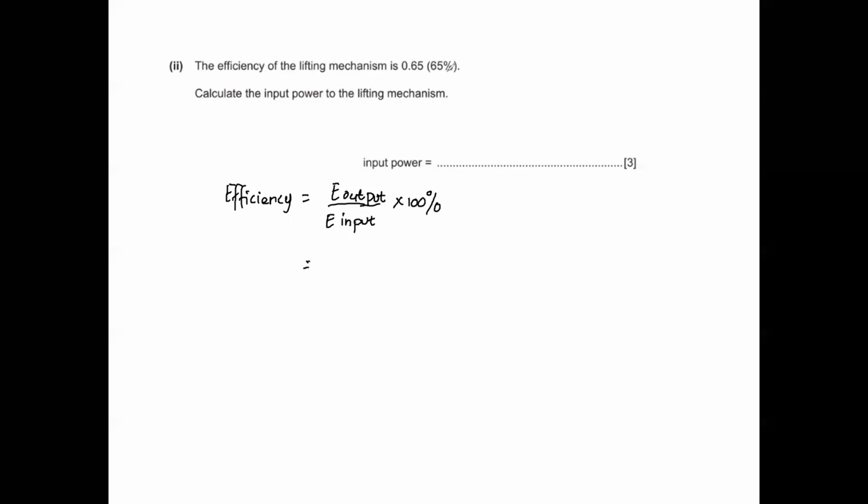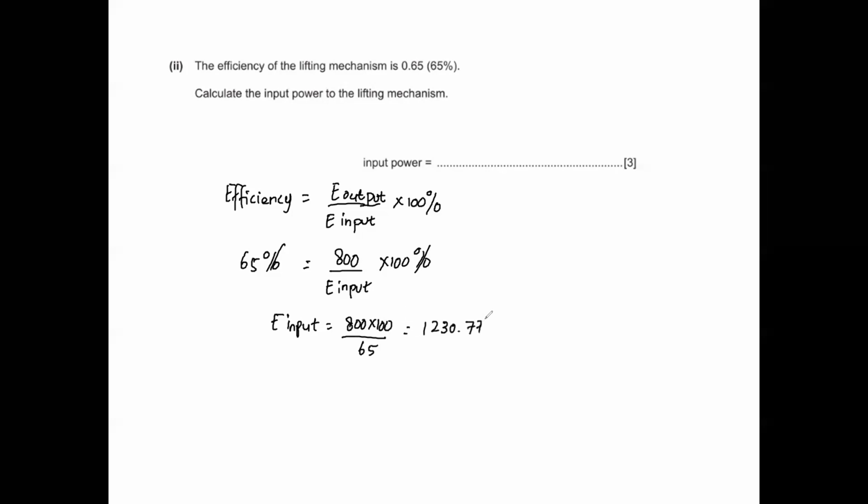So the efficiency is 65%, and the energy output, the answer from I, is 800, and the energy input we want to find, times 100%. So we cross it, so energy input equals 800 times 100 over 65. So the answer is 1230.77 joule.